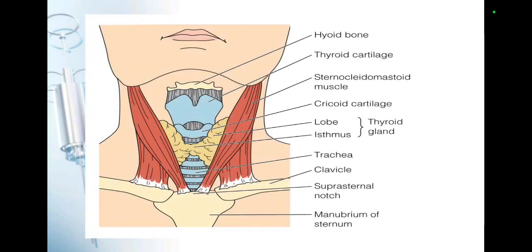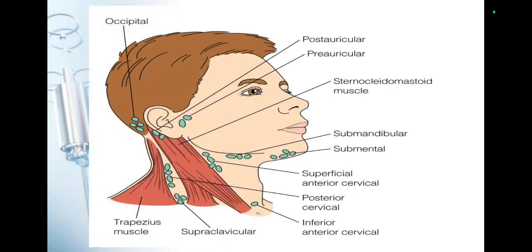Okay. Now for your throat, the very important thing that we need to check, other than your larynx, is the thyroid gland of the patient. Now we have here the different lymph nodes located in the neck. Actually, the area with many lymph nodes is the neck area.